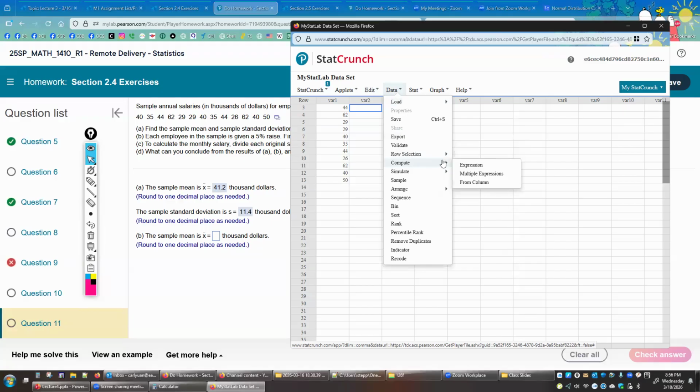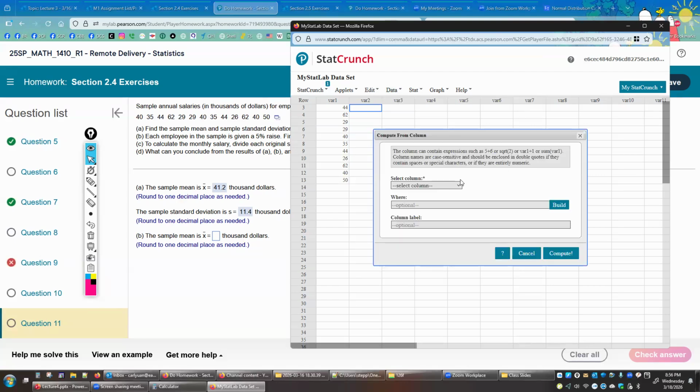Let's see if Compute we can do. Compute from column. The column can contain expressions such as 5 plus 6, or square root 2, or var1 plus 1, or sum var1. Column names are case sensitive and should be enclosed in double quotes.